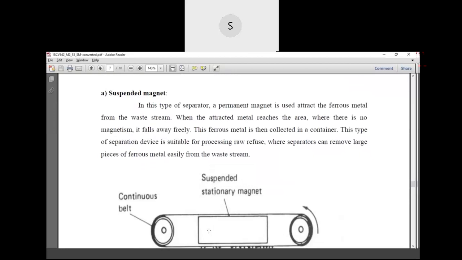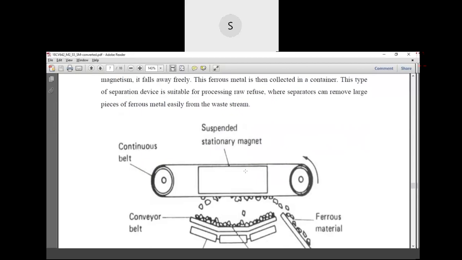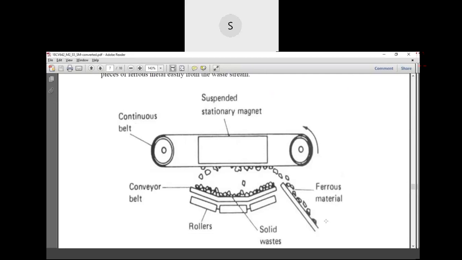Here, wherever the magnetic area is, the ferrous material will be attached to the suspended magnet. Once it moves away and enters the demagnetizing area, this ferrous metal will fall on the moving bed.